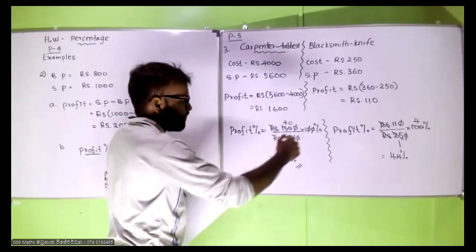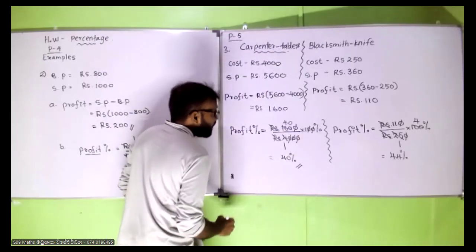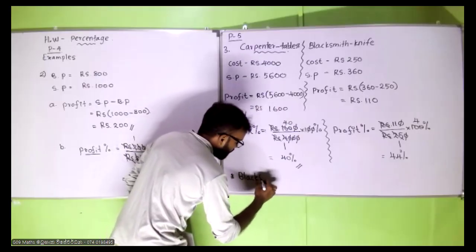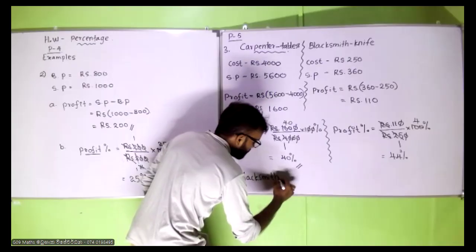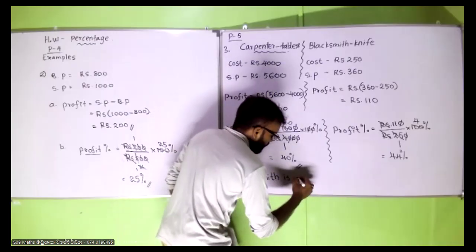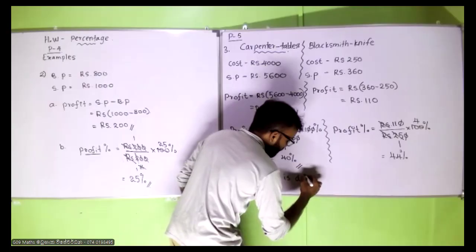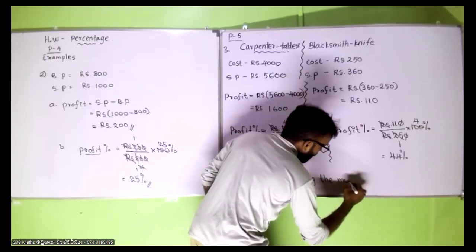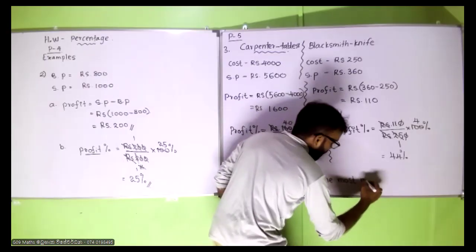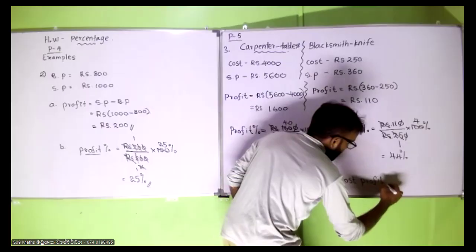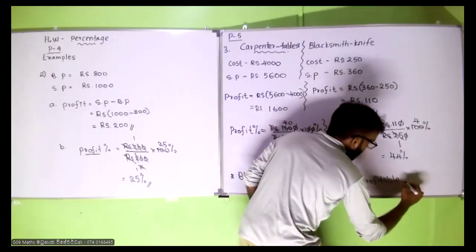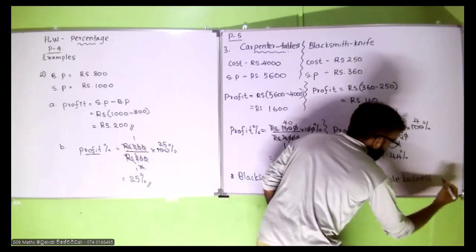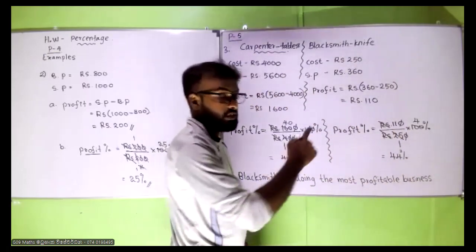So you can write down finally: the blacksmith is doing the most profitable business since the profit percentage is 44%.